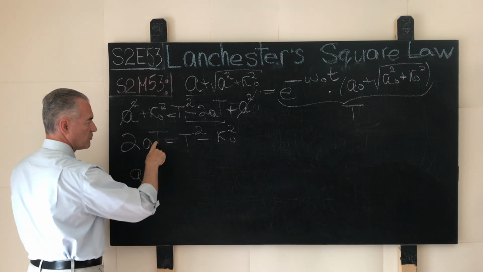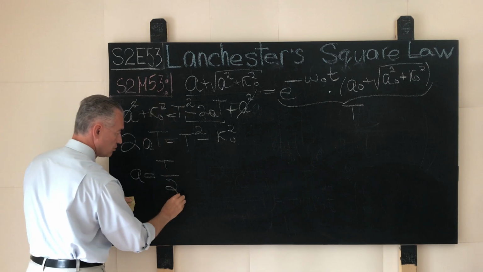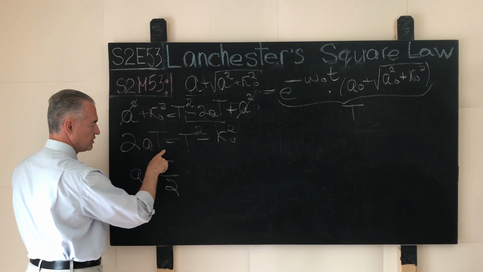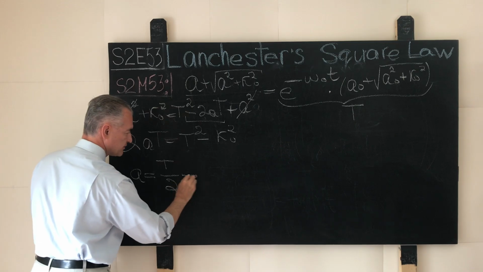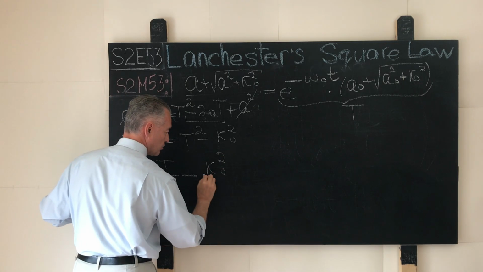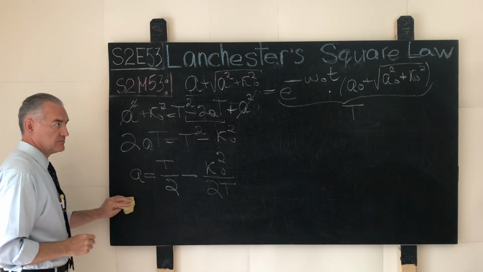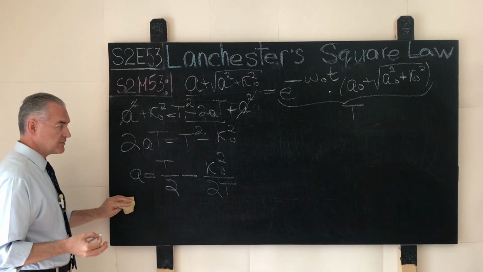T squared divided by 2T comes out to T over 2, minus, this is minus right here, k0 squared divided by 2T. You see, this is it. It's fundamentally game over.